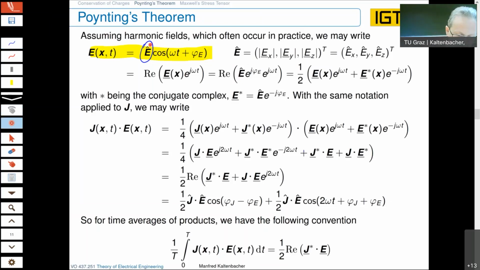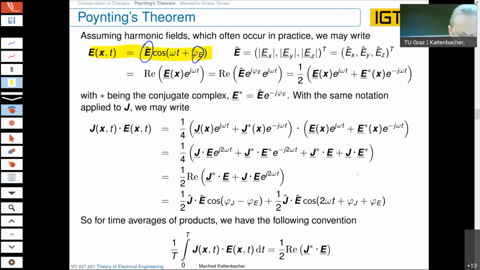And what we also have here is a phase phi, in this case E for the electric field. Since we will also consider other physical field vectors, the index will always describe which phase it is of which field.